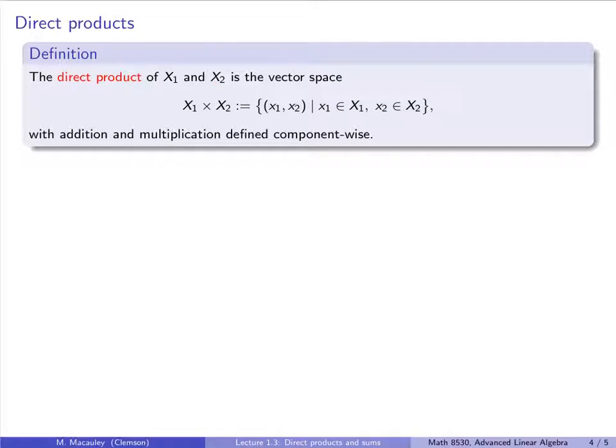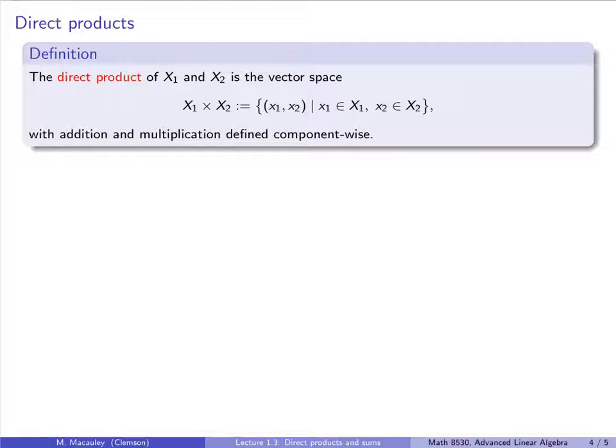Now they have to be over the same field, but one could be a space of polynomials, one could be a space of n-tuples, and we can put them together. So by definition, this is the set of ordered pairs x1 and x2, where x1 is in the first space and x2 is in the second space, and addition and multiplication are defined component-wise.